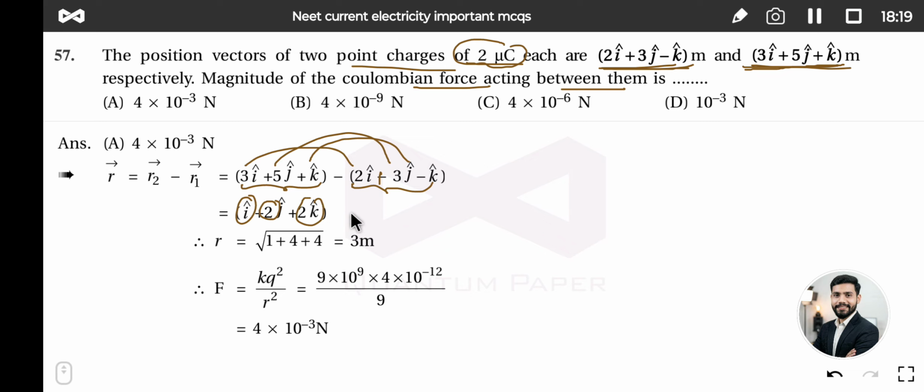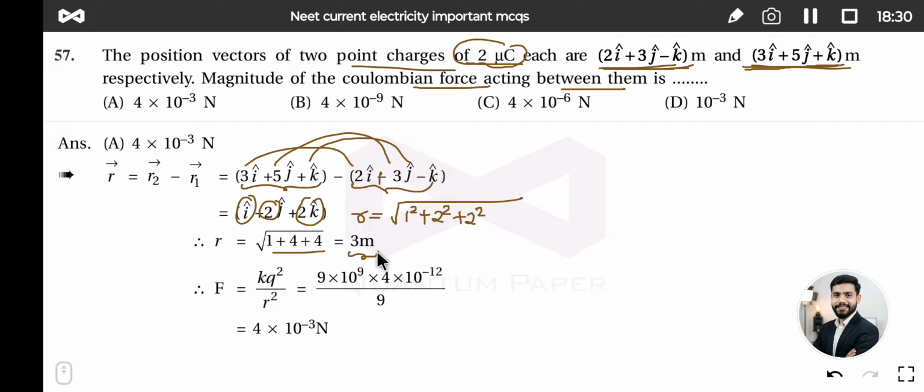We find r by using x square plus y square plus z square, so 1 square plus 2 square plus 2 square, which is root 9, that is 3 meter.